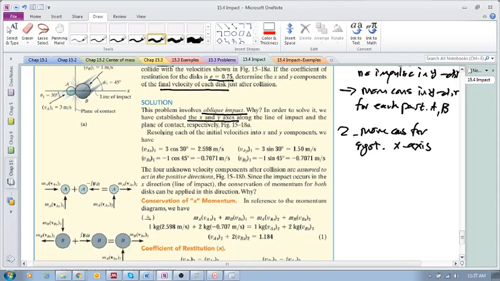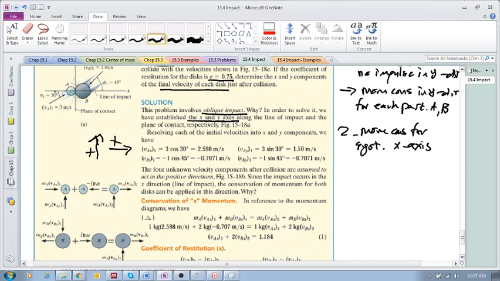First step, resolve each of these velocities into x and y components. That's very straightforward. Remember that we've chosen right as positive for x, and up as positive for y. It's just our convention.